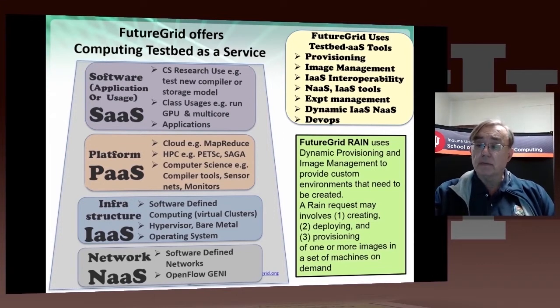We have a system called RAIN, which includes CloudMesh, which is developed by FutureGrid to support this dynamic provisioning. It's an area that changes quite rapidly because the software we're building it on, like OpenStack, changes dramatically every 6 months. We're now up to the 6th major release of OpenStack called Grizzly.